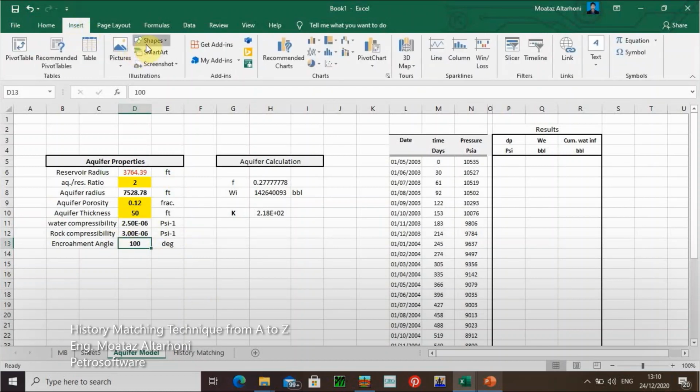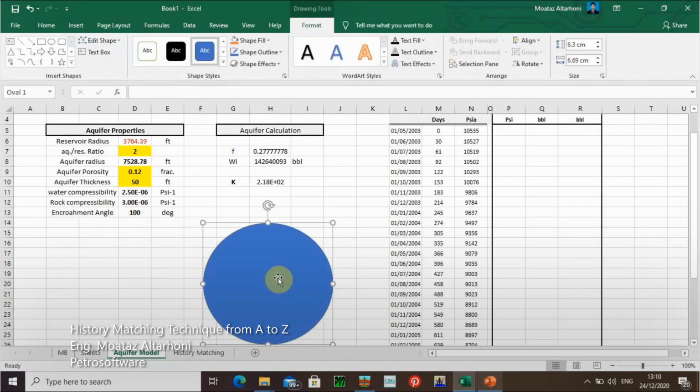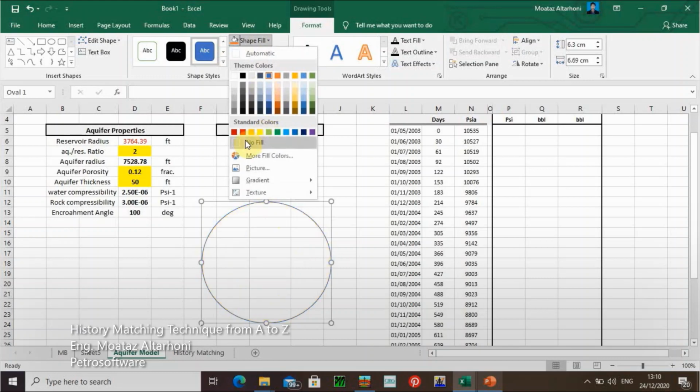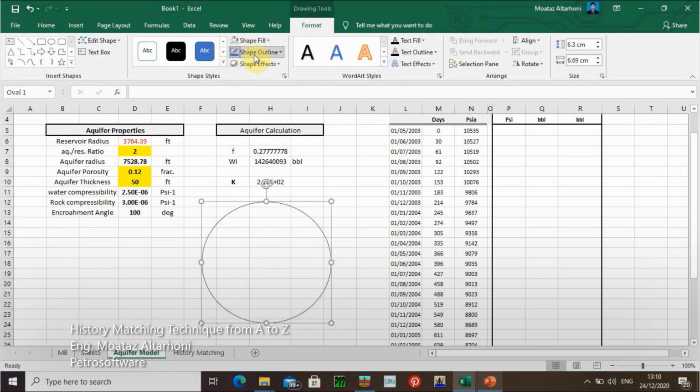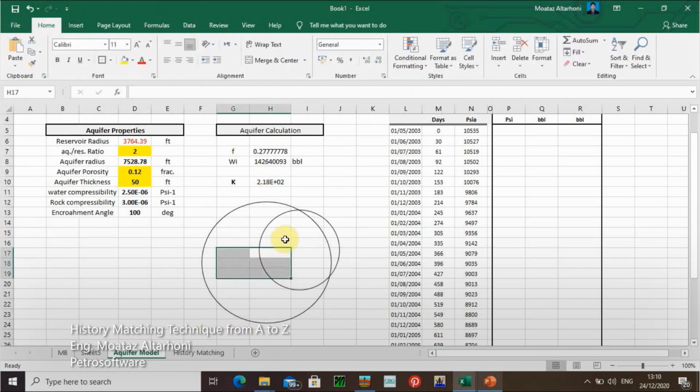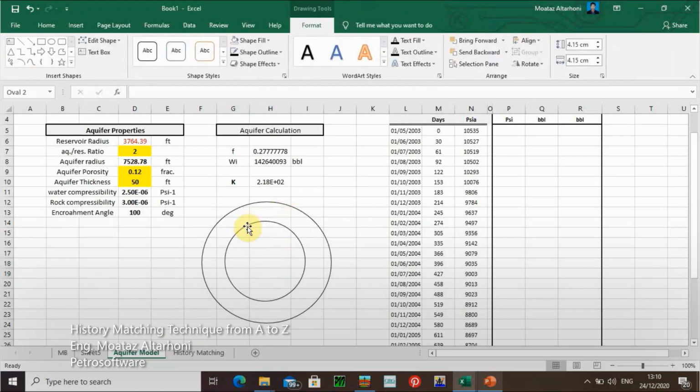100 degrees, that means our reservoir, I will assume that's our reservoir.